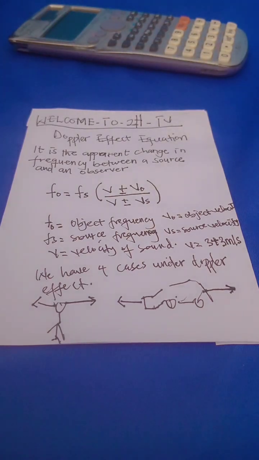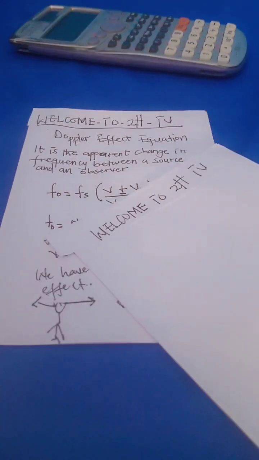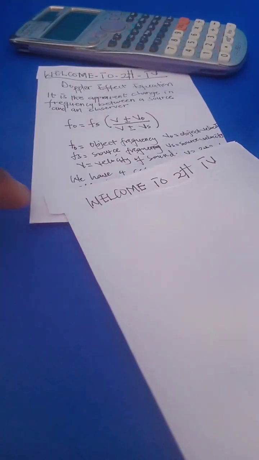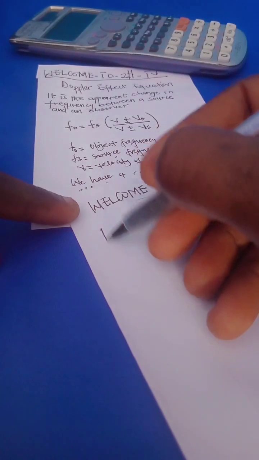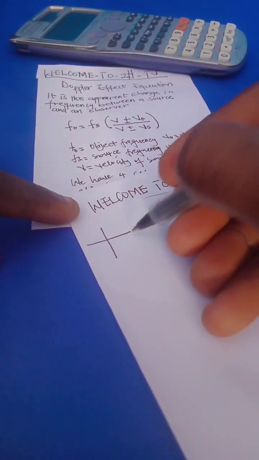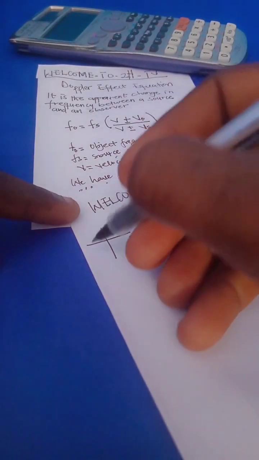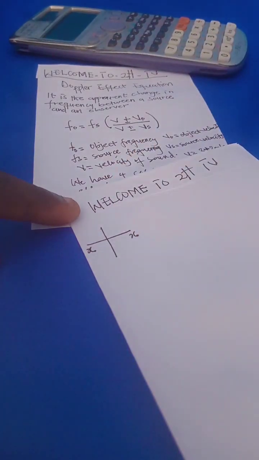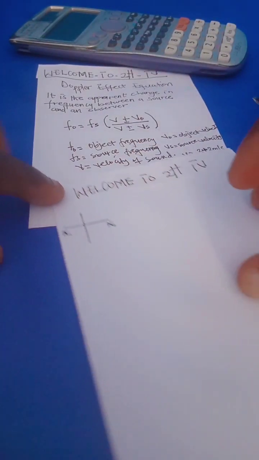So with that, we are going to take our Cartesian plane. Let's take our Cartesian plane, something small here. We know that this is our x-axis. Now our focus is on the x-axis.